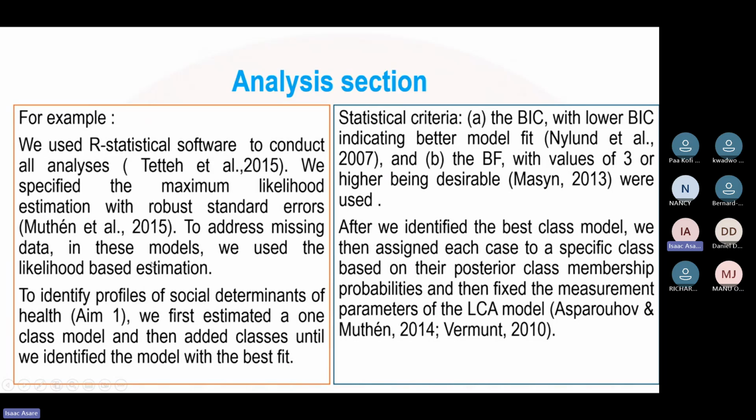These are some of the things that you need to do to identify profiles of social determinants of health. We first estimated a one-class model and then added classes until we identified the model with the best fit. Statistical criteria, and so on. You see, so these are some of the things that you need to do.